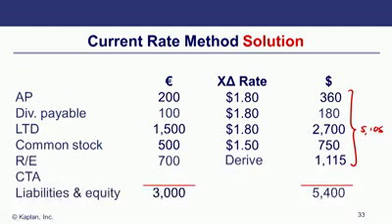So we're now going to force the balance sheet to agree to 5,400 by plugging in the difference, 295, and we're going to refer to that as a cumulative translation adjustment. Again, maybe a better name for it would be, oh my goodness, my balance sheet doesn't balance, I better force it to. But again, that would appear unprofessional. Much better to call it a cumulative translation adjustment and confuse people. Now again, if I was asked what the exchange rate gain or loss was, it would be the change in the cumulative translation adjustment between last year's balance sheet and this year's balance sheet.